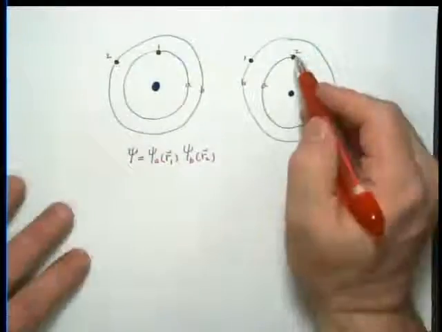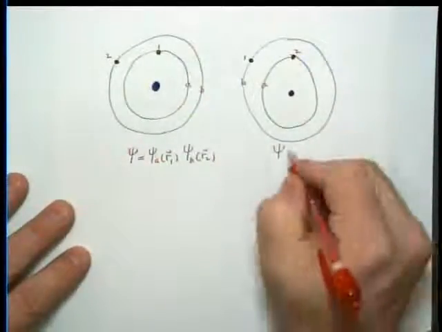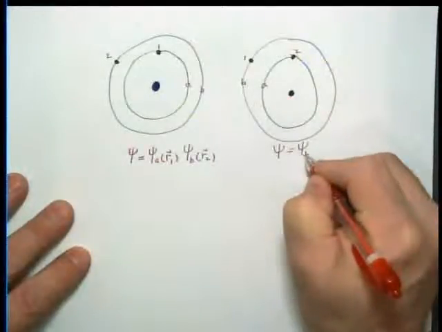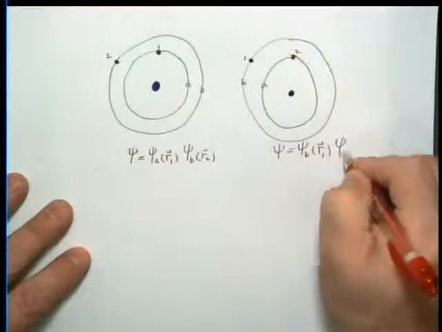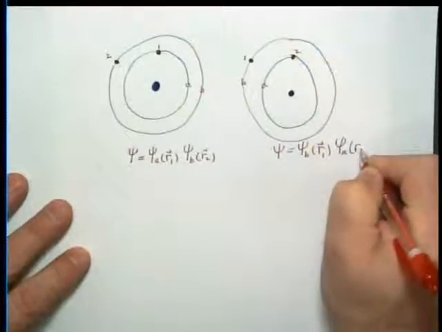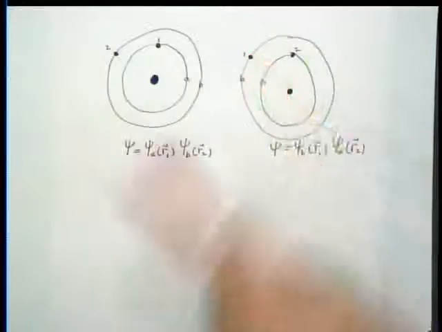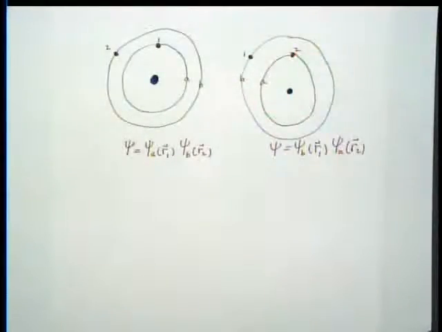And over here, when you look at this one, you have a different wave function, because this time side B has R1 in it, and side A has R2 in it. First particle's in the B state, second particle, the red one's in the A state. They have the same energy.